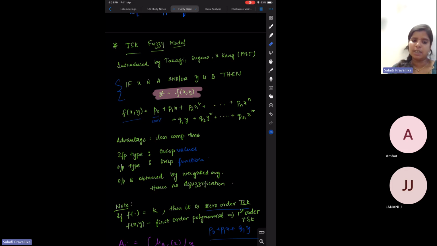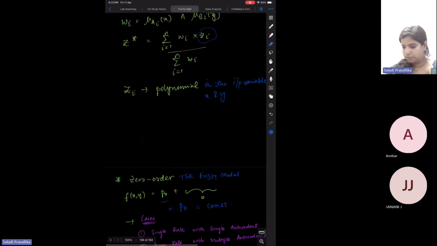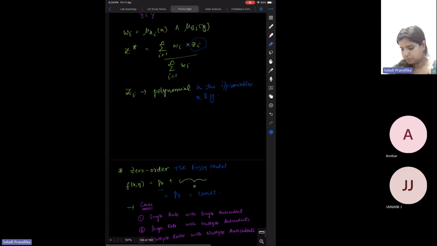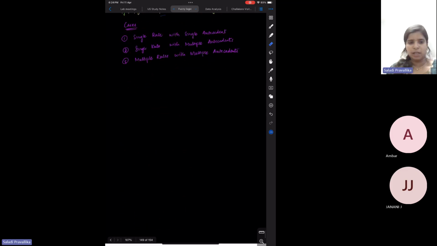But the only difference here is that the input types are also crisp values, and the output is also a crisp function. And this also does not require a defuzzification process. Right? And for in-depth analysis, you can have a look at the video lectures. So that is the entire summary of what we have done in the class so far.